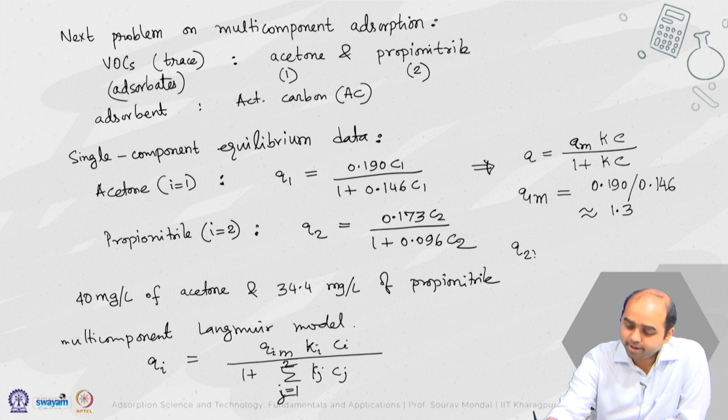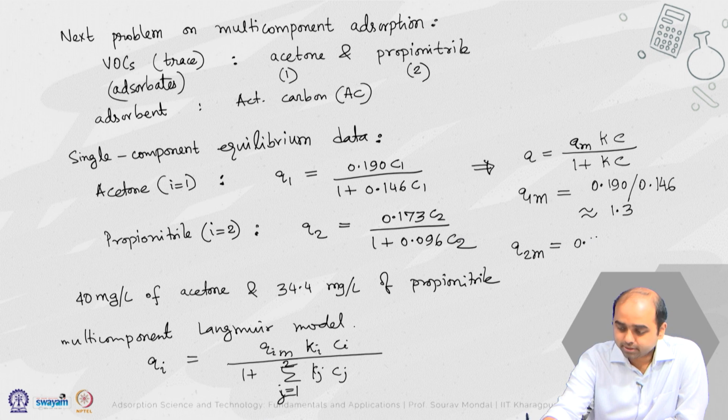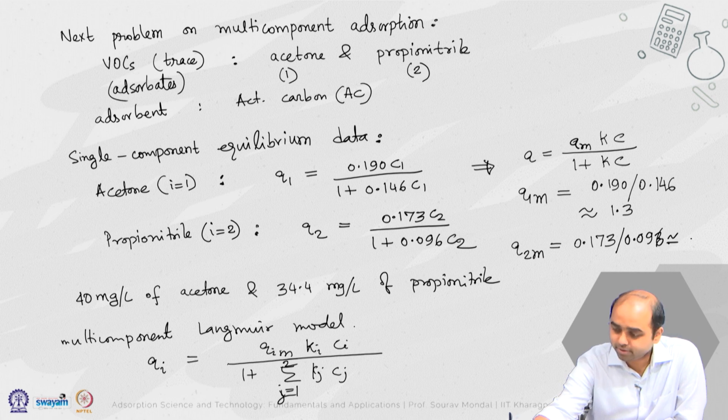Similarly, Q2m is 0.173096, and that turns out to be around 1.8.